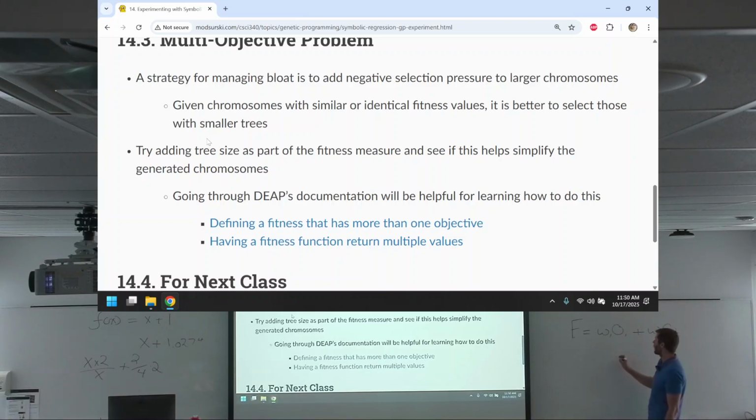But if I had a mean squared error of like 70, a mean squared error of like 2, and this over here had a weight of -1, so you would just subtract. Usually you would have the weight -1 times, and let's say your tree has like 17 nodes.